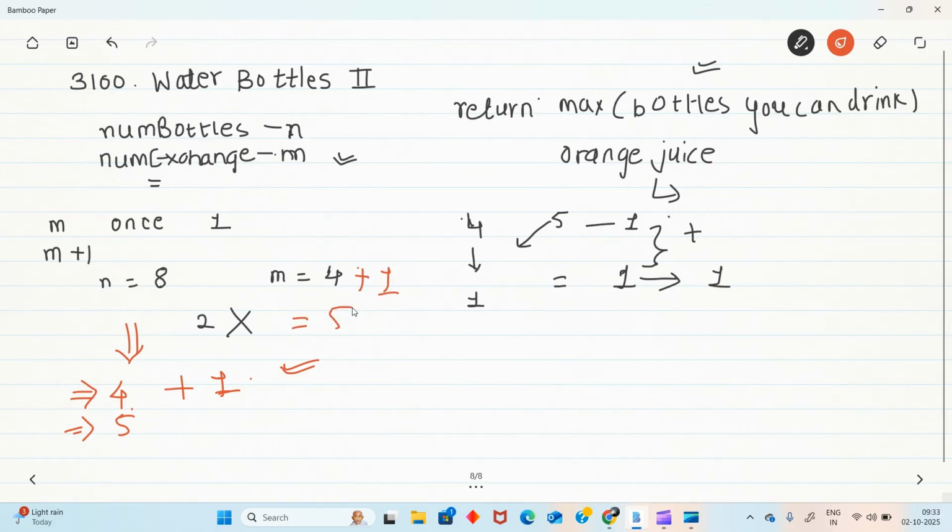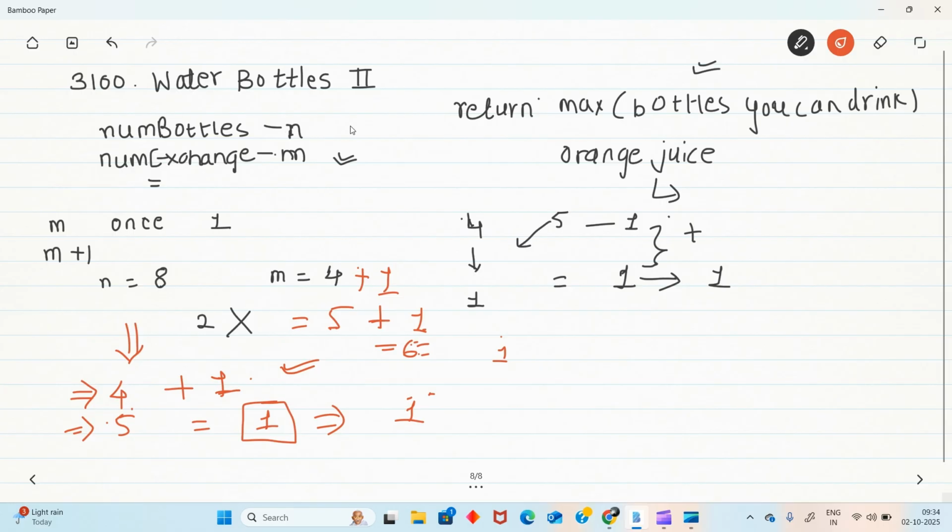Now I can exchange 5 to get 1. So I will have 1 and I will drink this. I will have one empty bottle, and m will increase to 6. We cannot exchange this one to get a full bottle because we need 6.